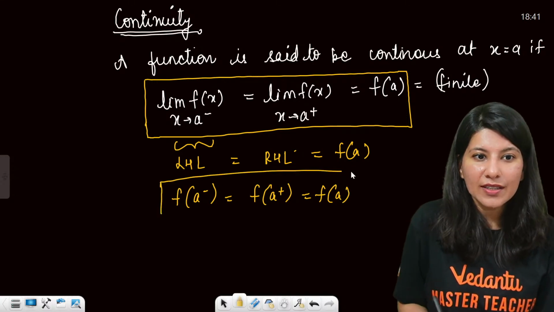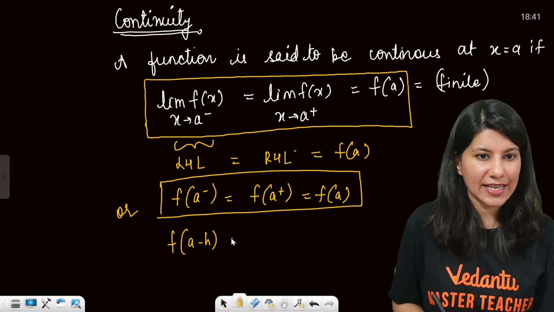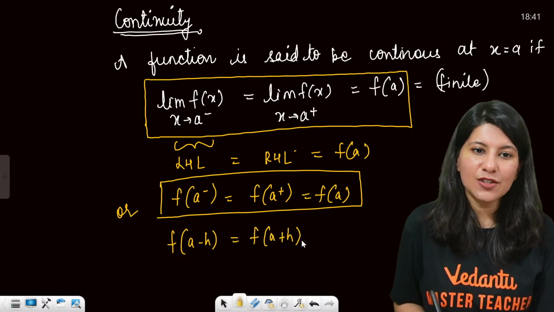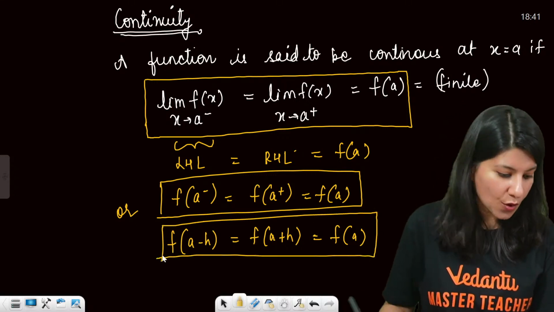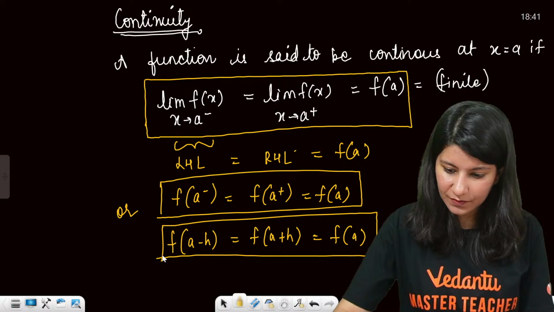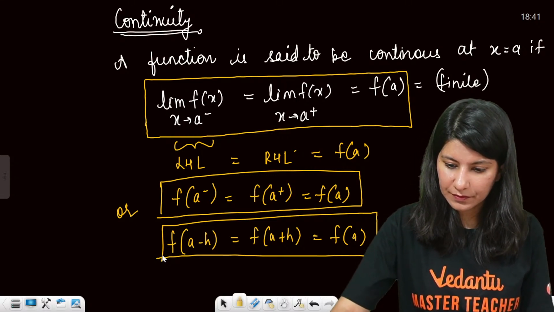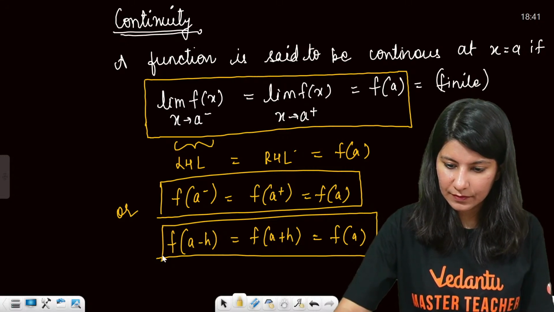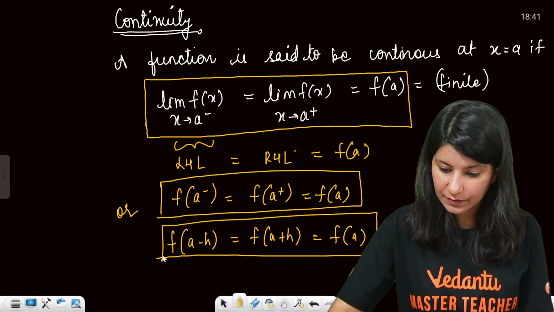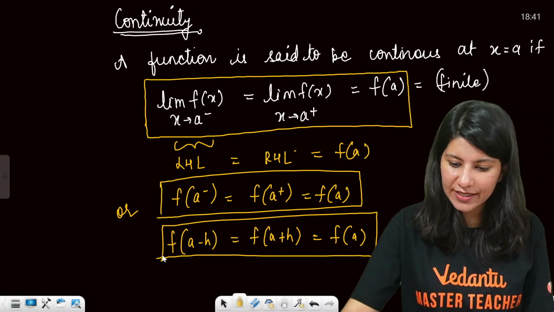Or you can write it as f of a minus h, f of a plus h equals f of a. Just let me know if it is clear to you guys or not. Yes, perfect. Definition of continuity is clear.